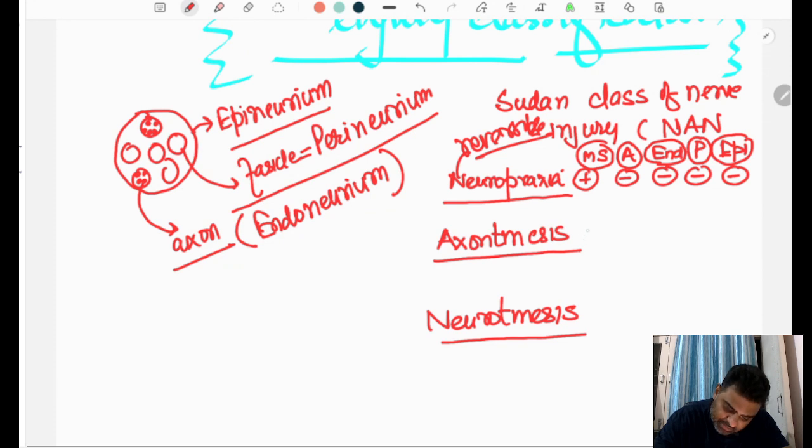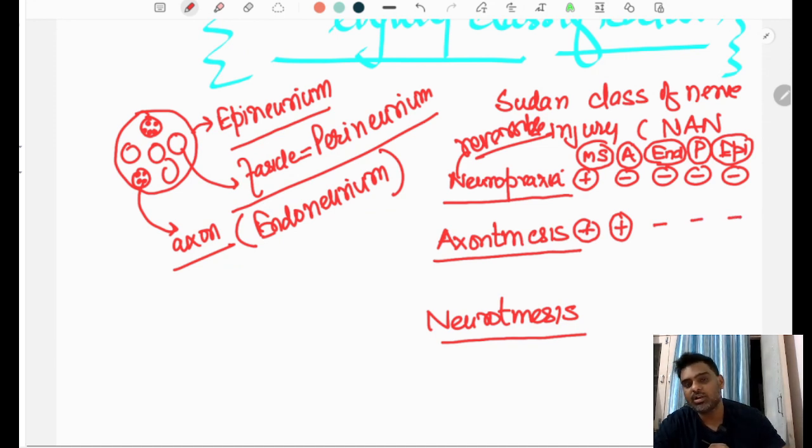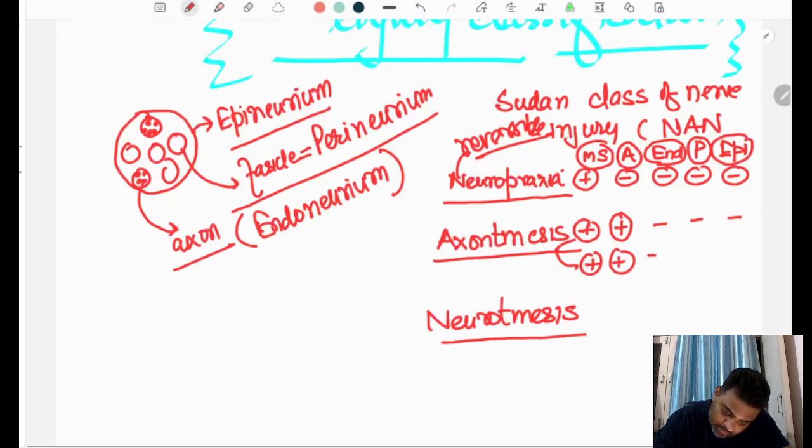In axonotmesis, the myelin sheath is injured. There is also injury to the axon, but endoneurium, perineurium, and epineurium are intact. This is the first type of axonotmesis. Second, a higher grade of axonotmesis, there is a problem in the myelin sheath, a problem in the axon, and also a problem in endoneurium, but perineurium and epineurium are normal.